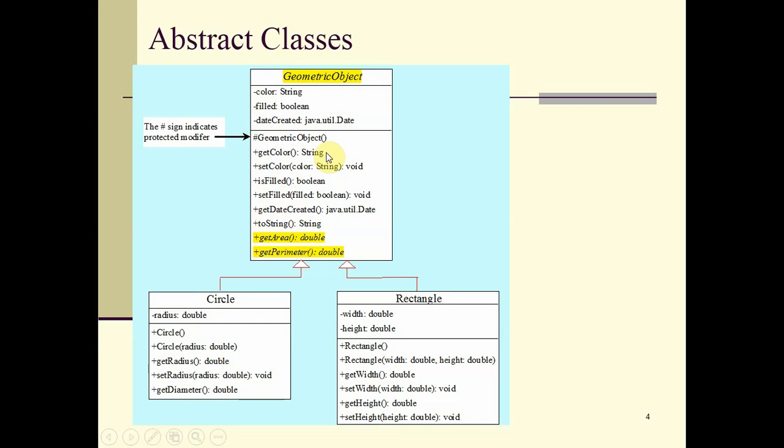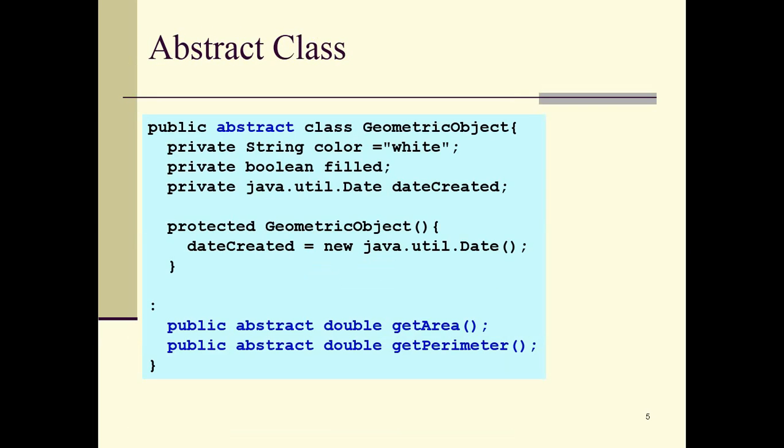Okay, from here, let's convert it into a program. You have public abstract class GeometricObject, so you have to have this abstract modifier for GeometricObject, and in this class you only need to have the method signature.